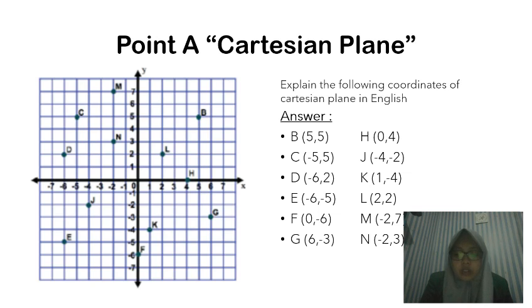The coordinates of point M are go back along the x-axis 2, then go up 7. And the coordinates of point N are go back along the x-axis 2, then go up 3.